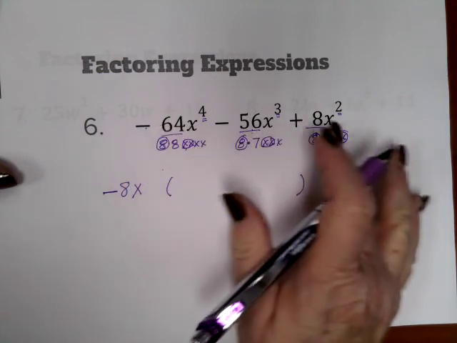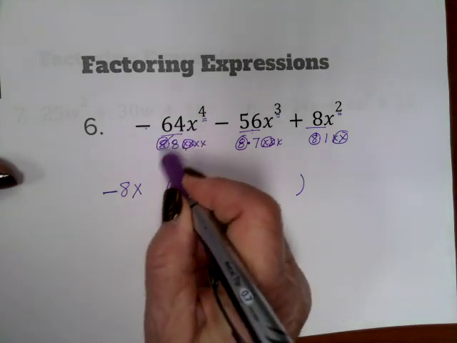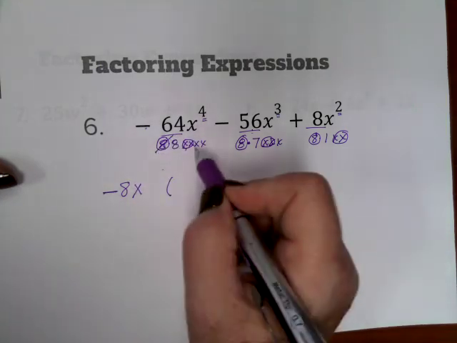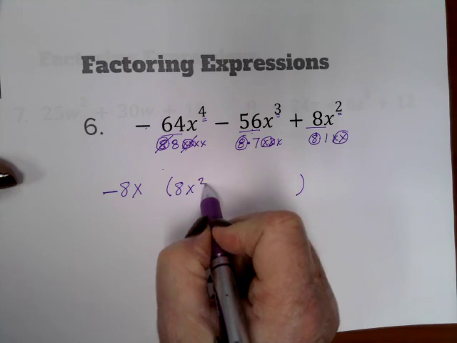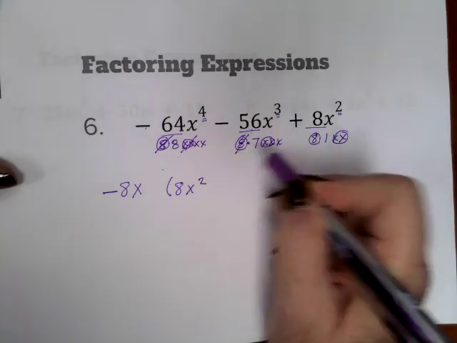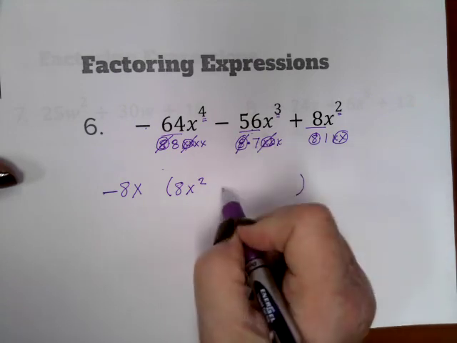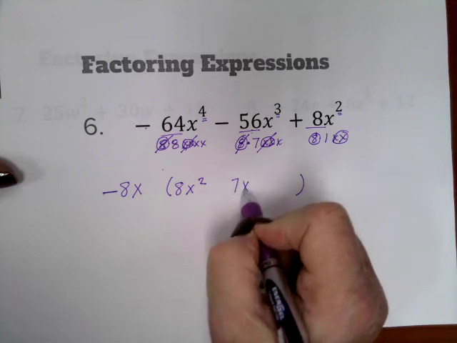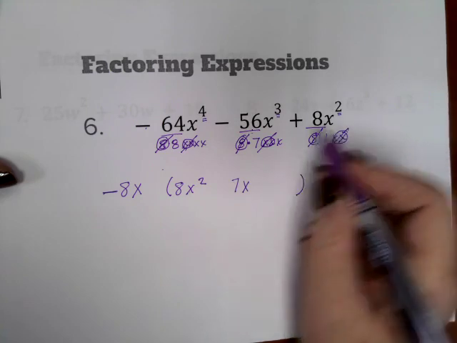And then I'll show you what happens with these signs here. So let's look at this. If we take this 8 out, because it was the GCF, and take these 2 x's out, what's left? 8x squared. When I say take out, I mean divide. Divide those 2 x's out, what are we left with? 7x. If we divide this 8 out and these 2 x's, what am I left with?